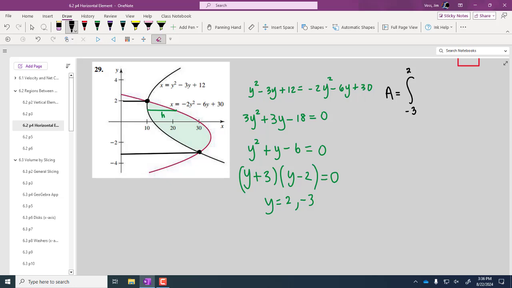So it's going to be negative 2y squared minus y squared, so negative 3y squared. This is going to be right minus left. This one is right. This one is left. Negative 6y minus 3y. So negative 6y plus 3y will be negative 3y. And then again, right minus left, 30 minus 12, 18.